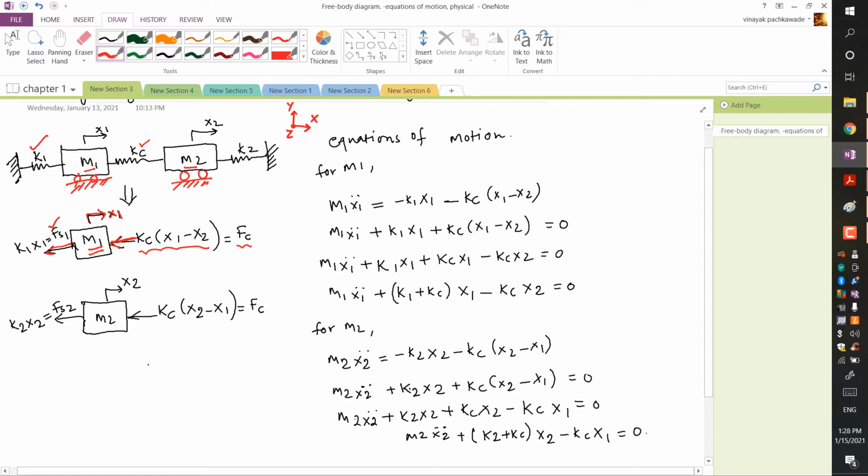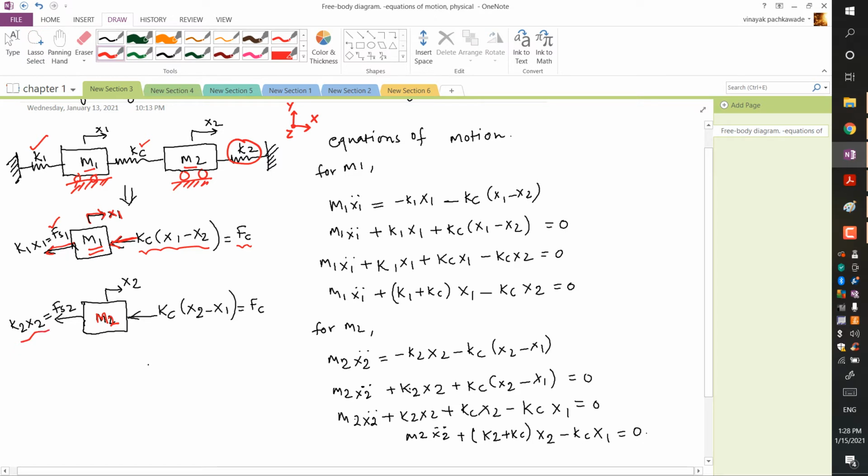Similarly, we derive the free body diagram for mass m2 as shown over here. So m2 tries to move in the right direction x2, its own restoring force, that is k2, tries to avoid this movement, so it will try to pull it back by a force with magnitude k2 times x2.